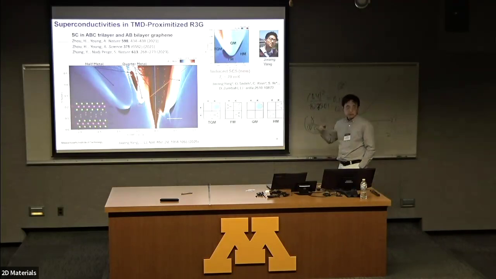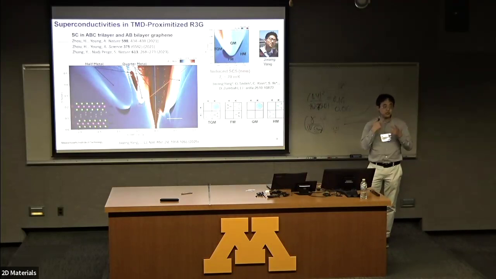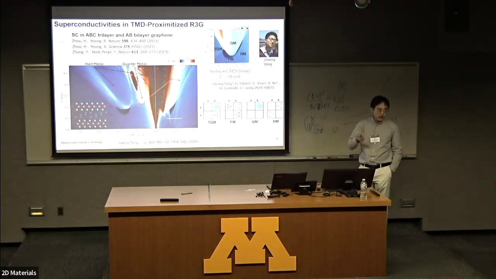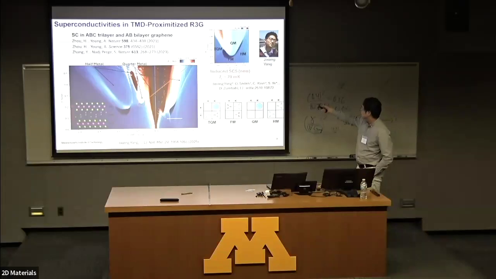And if you try to do fermiology, where you apply magnetic field, do quantum oscillation, do Fourier transform, you find that this corner is actually at the boundary between several different parent states. It's really complicated. So I cannot really tell you what the parent state of this superconductivity is, but our feeling is that because the right hand side is half metal, and this corner here is a full metal with sort of imbalance in the isospin flavor, what they have in common is a half metal like this.